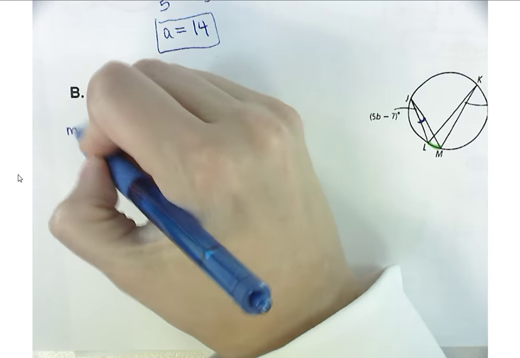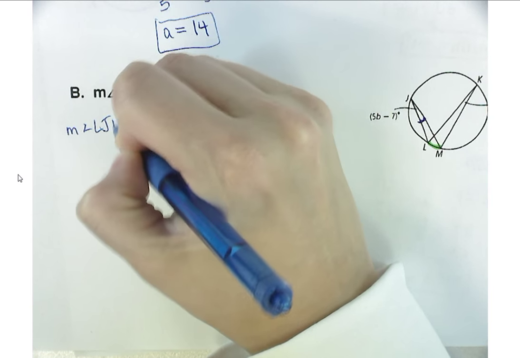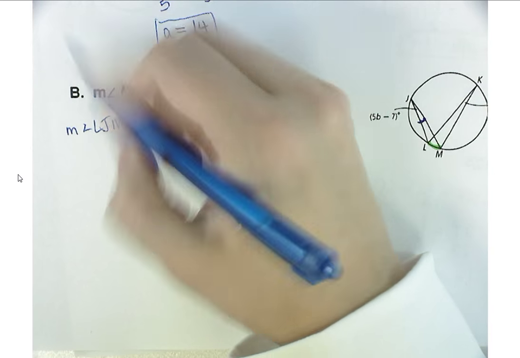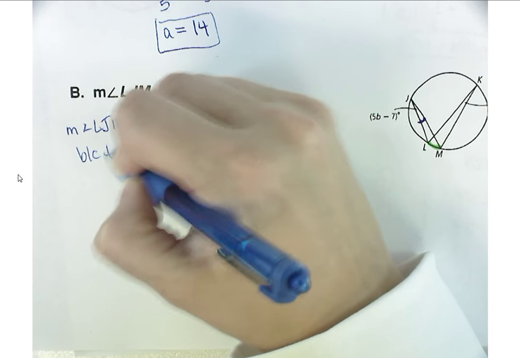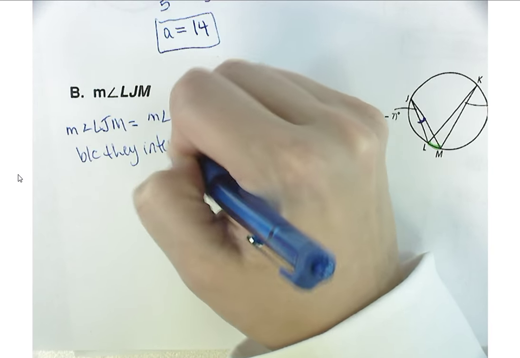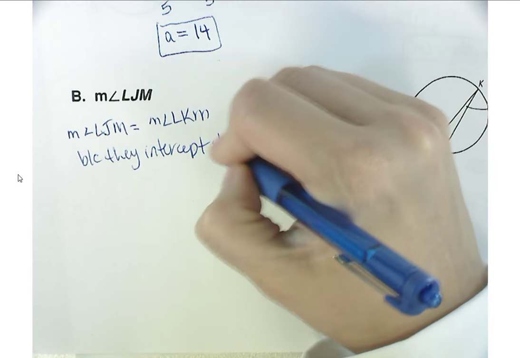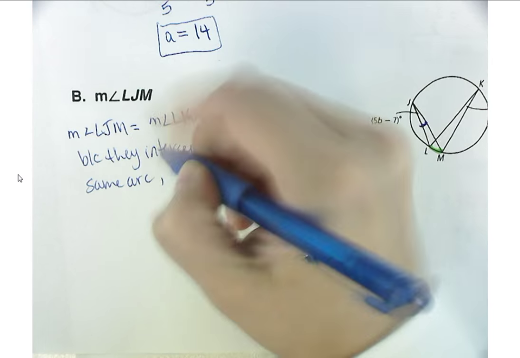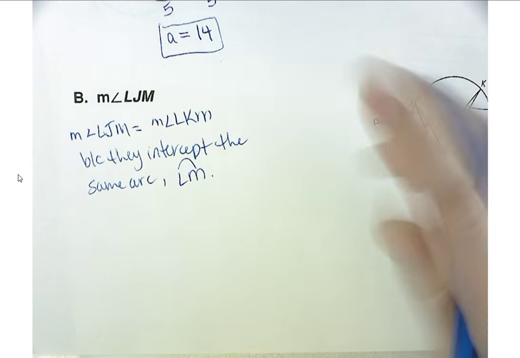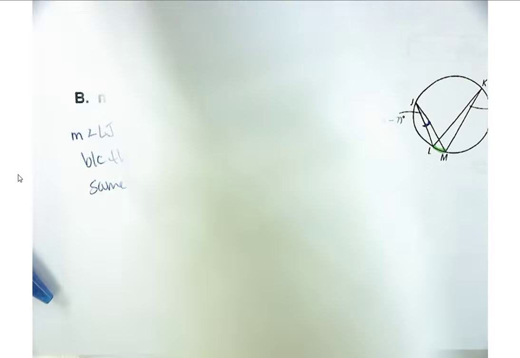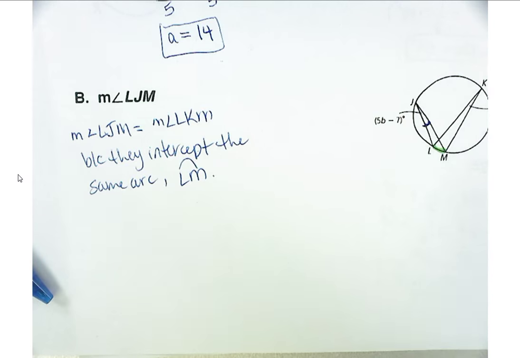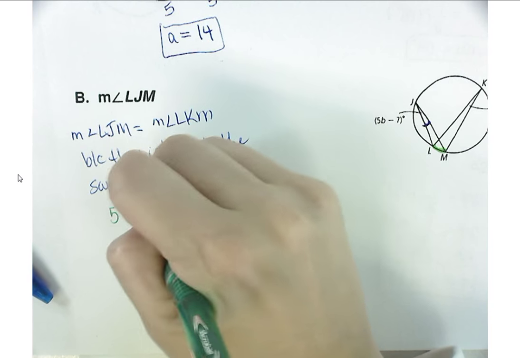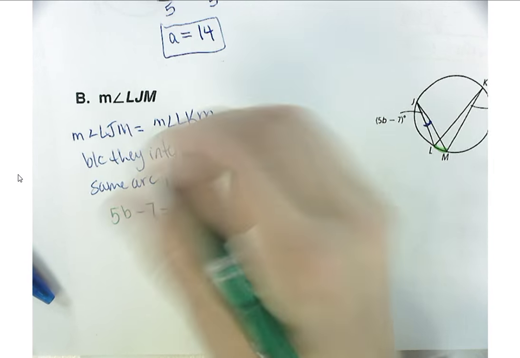So the measure of LJM is equal to the measure of LKM because they intercept the same arc LM. So that's the reason why we're able to set 5B minus 7 equal to 3B.